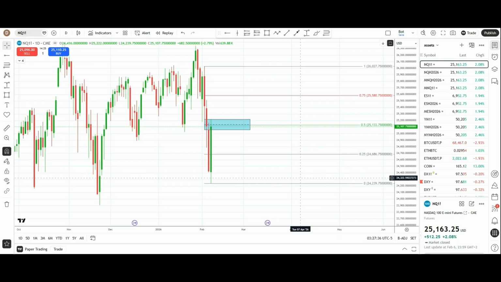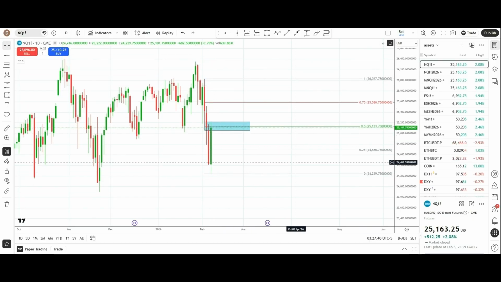So we had, let's say, a small rejection from the consequent encroachment of this imbalance area.